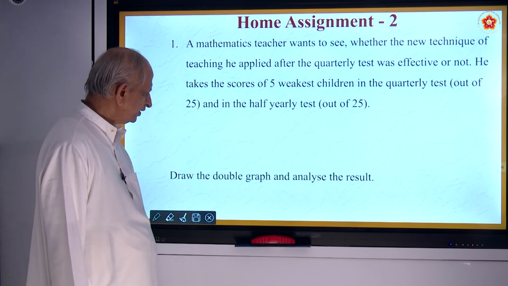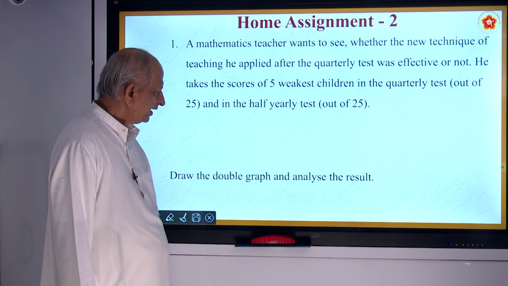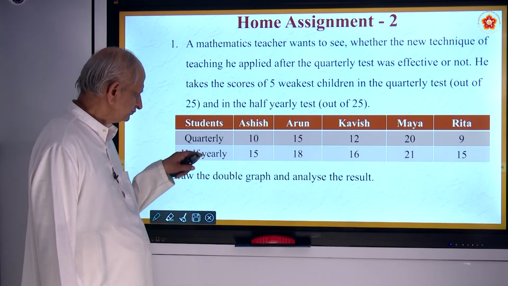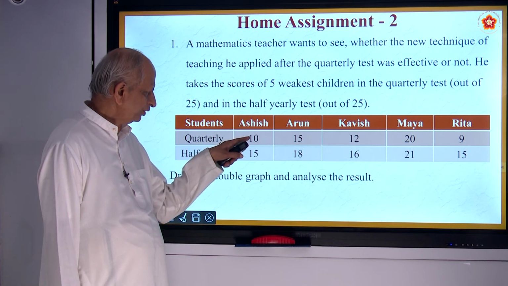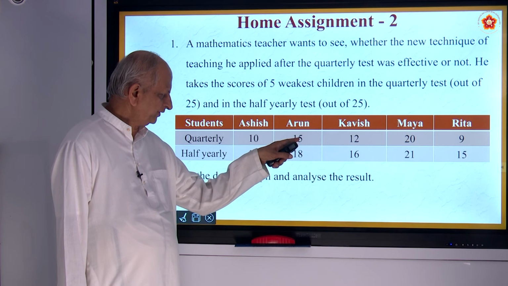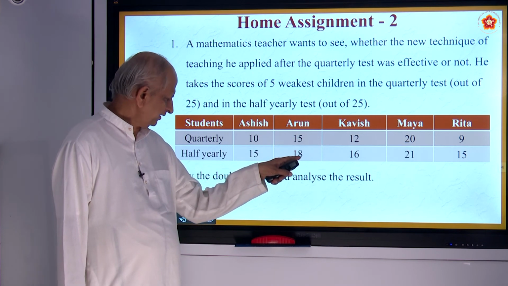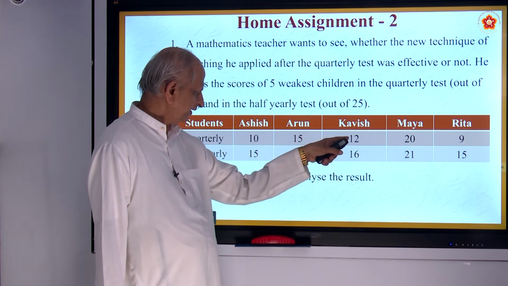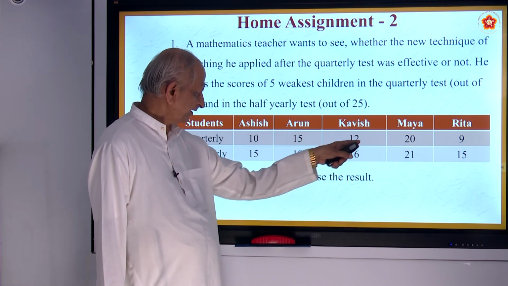So 5 students are taken and the marks are entered. Quarterly, Ashish scored 10, half yearly 15. Arun scored 15 in quarterly, 18 in the half yearly. Kavish scored 12 in the quarterly, 16 in the half yearly.